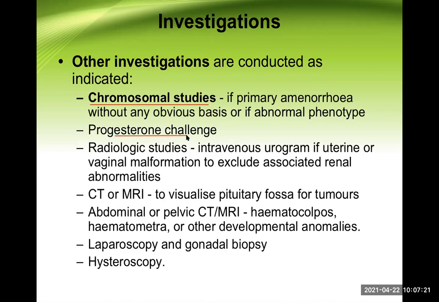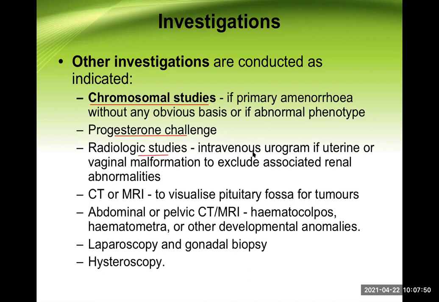Progesterone challenge is one of the tests which we do. Remember, progesterone is the hormone which will develop secretory change in the endometrial cavity, and if we stop that, it will lead to menstruation. So it can diagnose different types of hormonal imbalance. We are going to talk about that in the next few slides: progesterone challenge test and estrogen and progesterone challenge test.